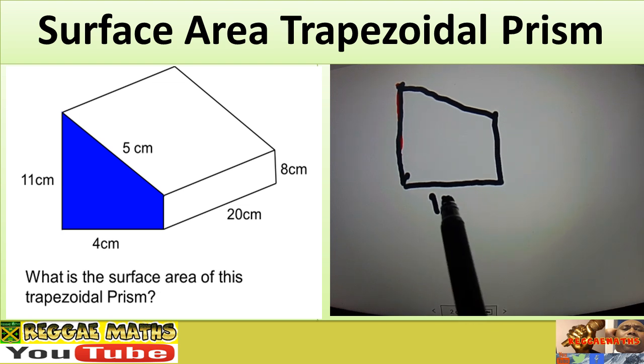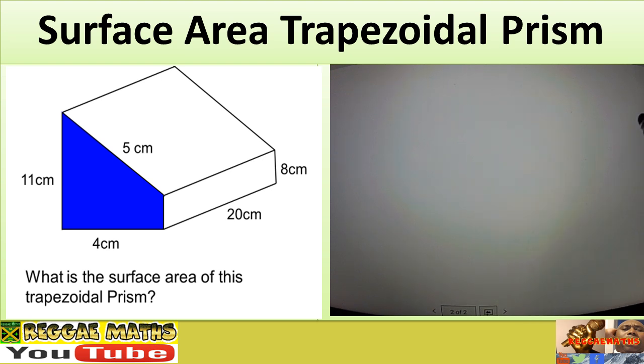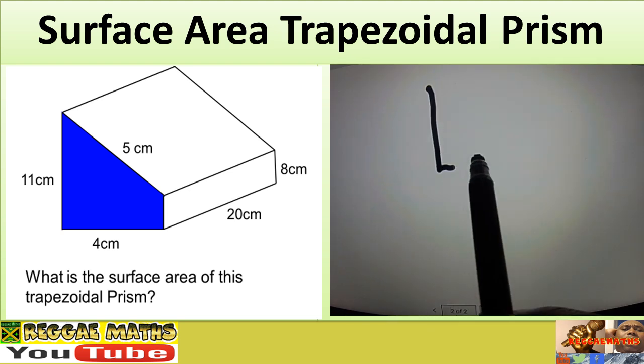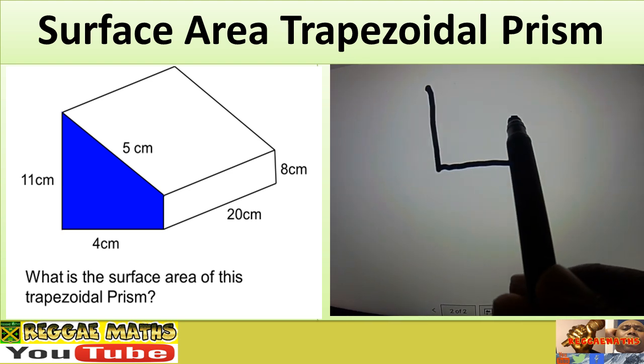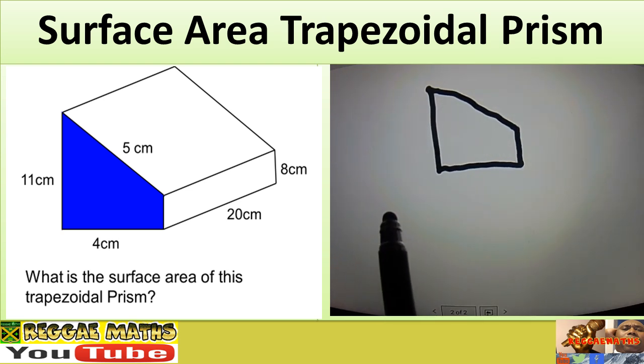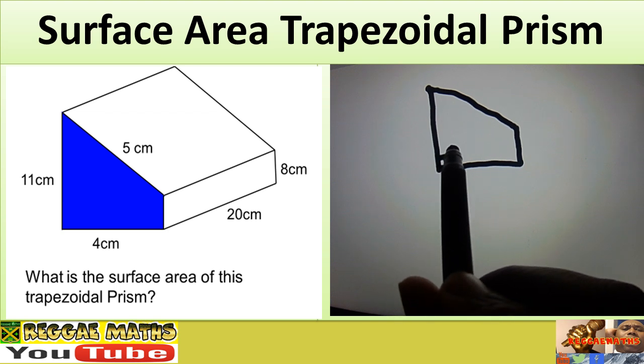If I redraw this, you can identify the trapezium.